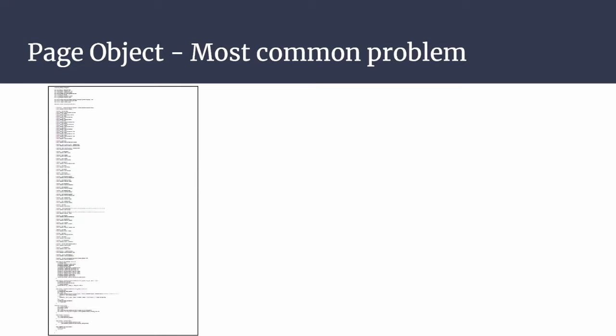And the most common problem with the page object is large classes. The page object has this big problem that we need to take into consideration to avoid classes too large, like this one that I show you in this presentation.